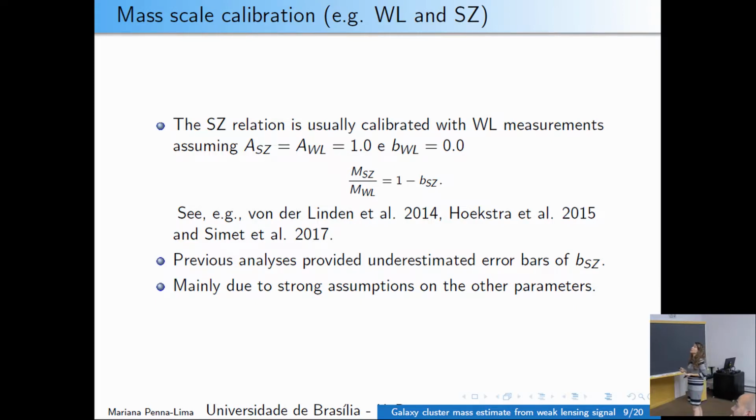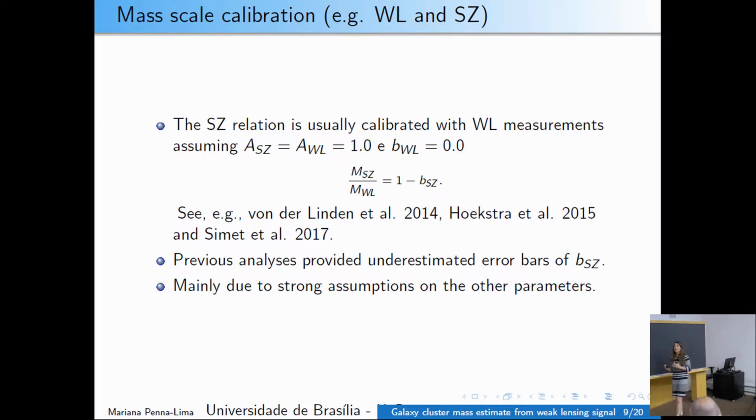And with this, they try to obtain the SZ bias, okay? So we note that performing this kind of analysis, you usually obtain underestimated error bars on B_SZ. And this was really emphasized with the 2013 results from Planck, where they have SZ cluster mass estimates and perform cluster cosmology analysis, and they obtained some tension between the CMB and cluster results.